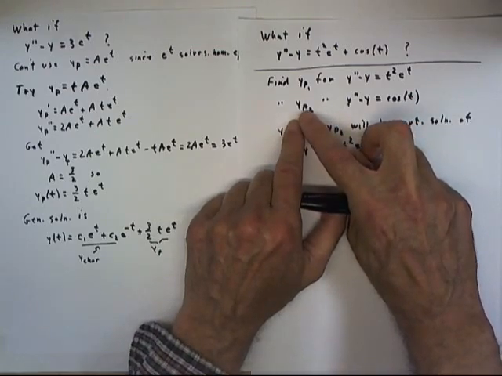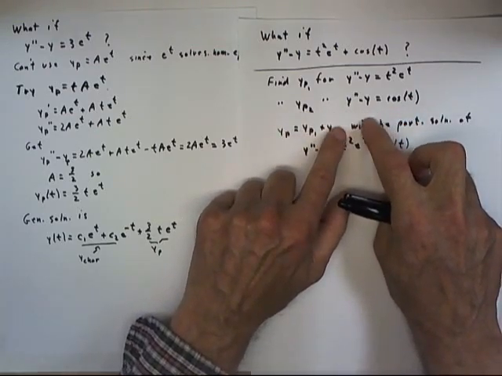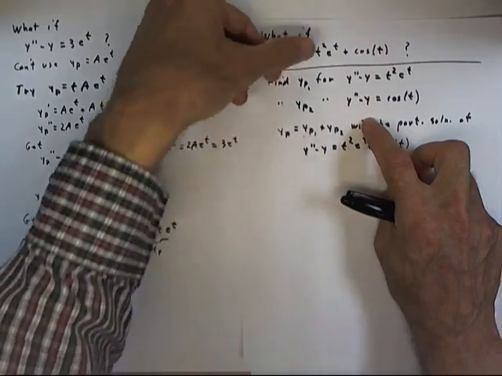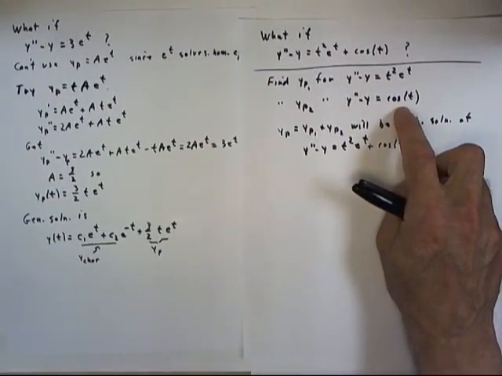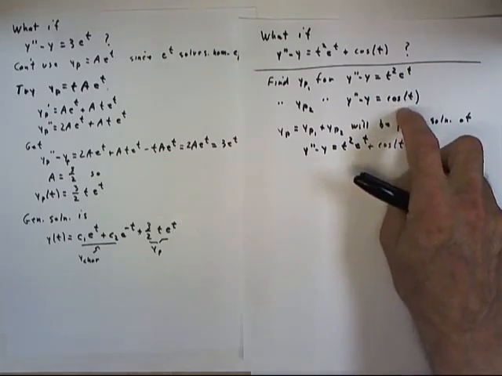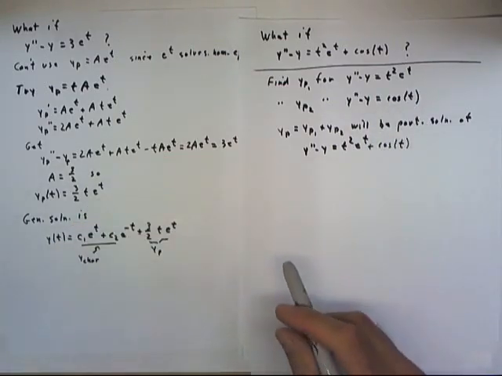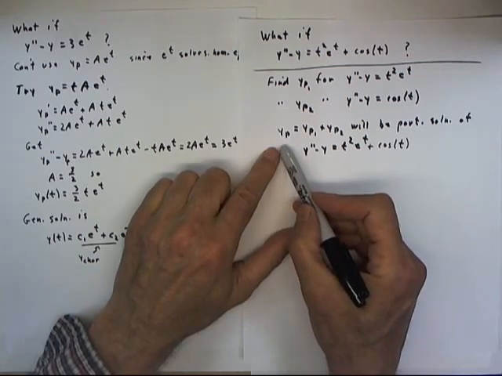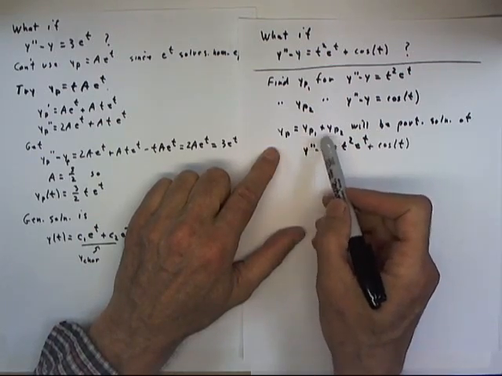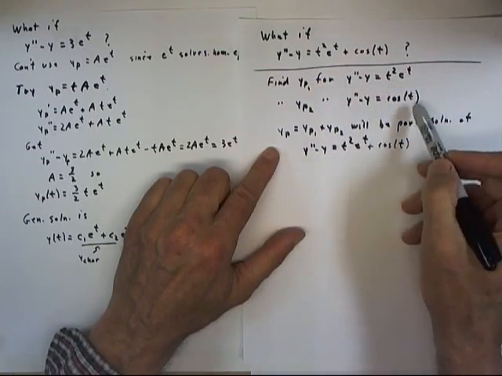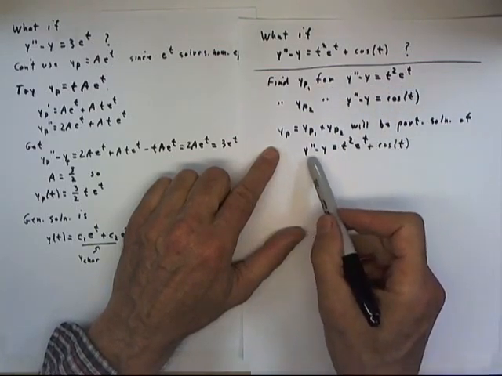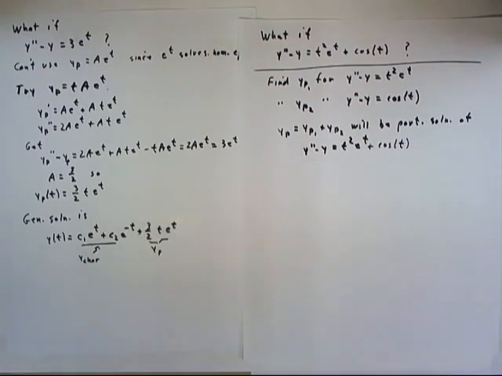If we find a solution y sub p2 to the equation that we get if we leave off the t squared e to the t and just have the cosine t on the right hand side, this might also be helpful. It's going to turn out that if we form our particular solution as the sum of the two particular solutions that we obtain to these two different equations, then that will be a particular solution of the original equation.